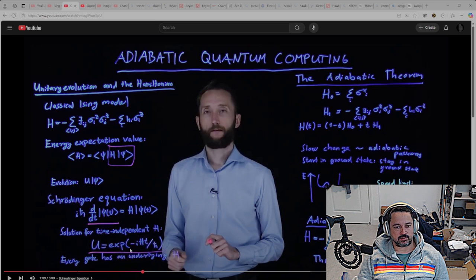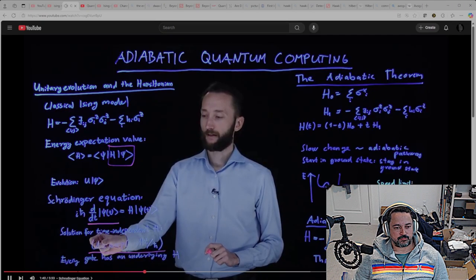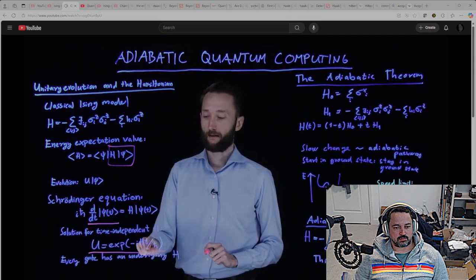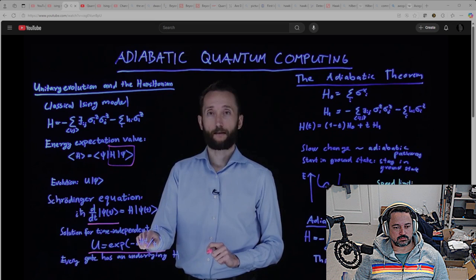So why is this a time-independent Hamiltonian? Because this is exactly the unitary acting on a particular state for some duration t.